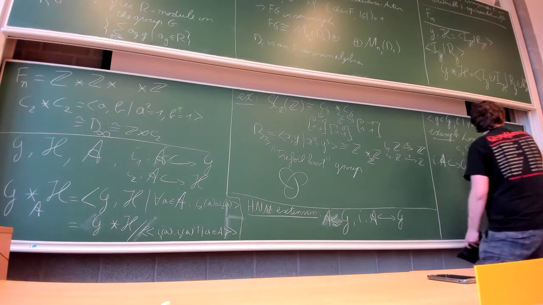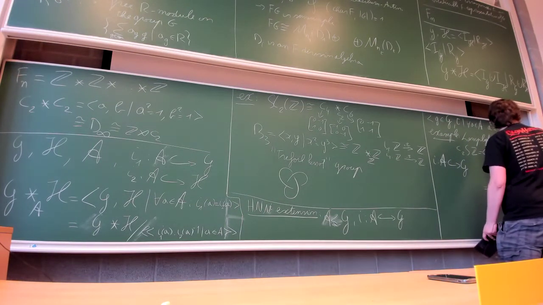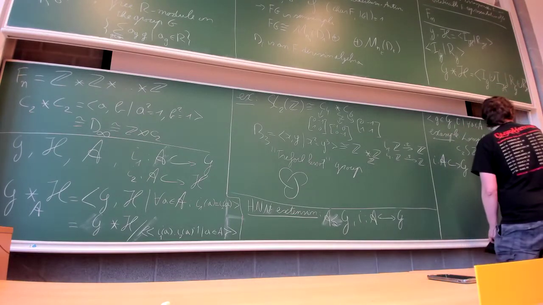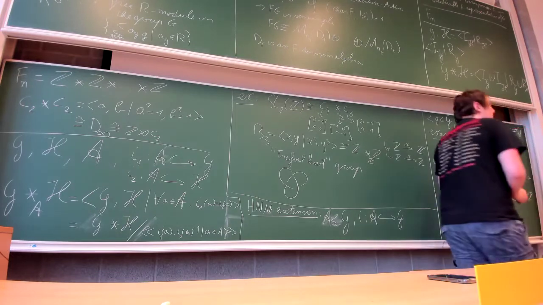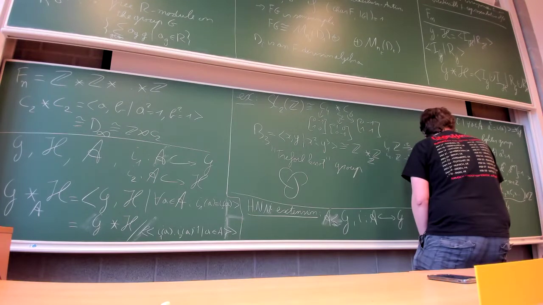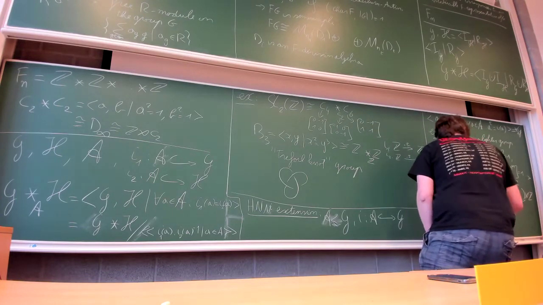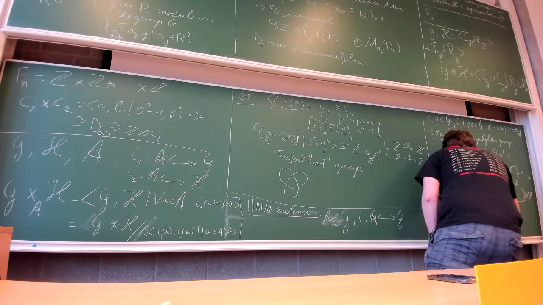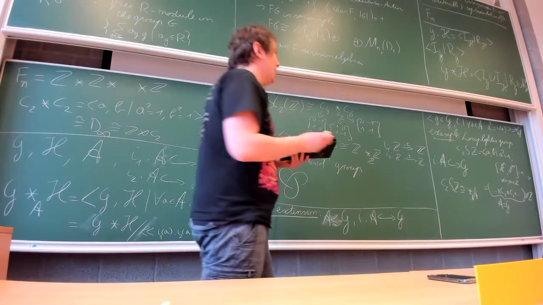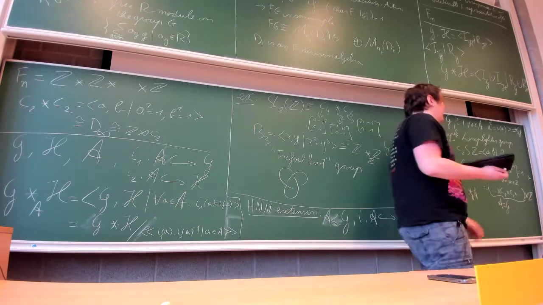This HNN extension is also written as G and then a star as if you're doing a free product, but you're not writing any group on the right, you're just putting A as index there. This shows, of course, that C2 wreath Z can also just be seen as an HNN extension of A over A, where the map is the shift. And then what is this new element T? This is, of course, just this Z that you're adding.